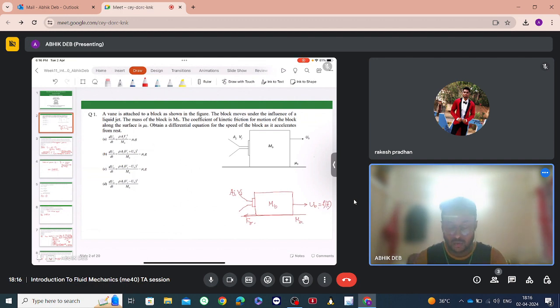For this, we considered a control volume that is moving with the block itself.